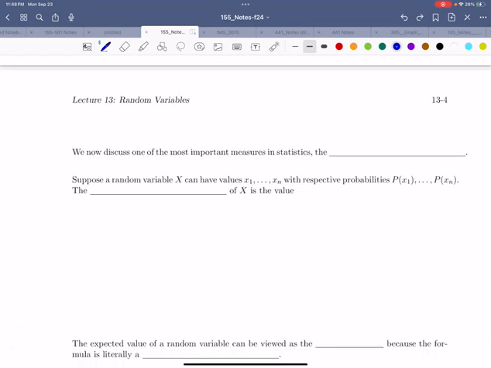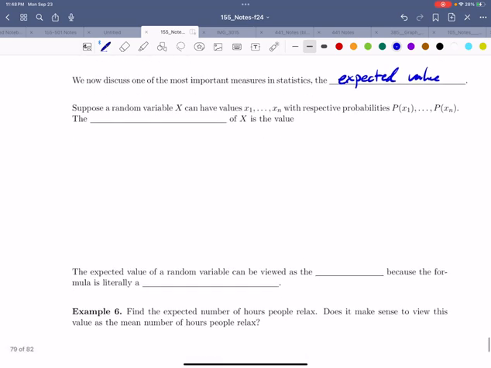Now, one of the most important measures in statistics, the same way that the mean or the average is one of the most important descriptive statistics, is the expected value of a random variable. You could think of it as the measure of center of a random variable.